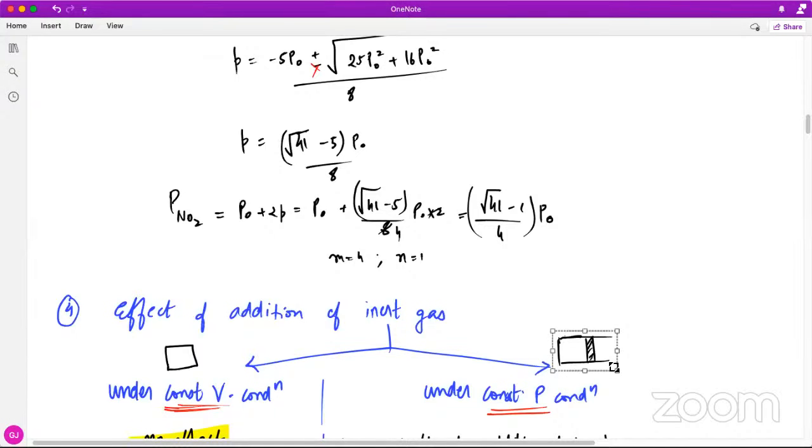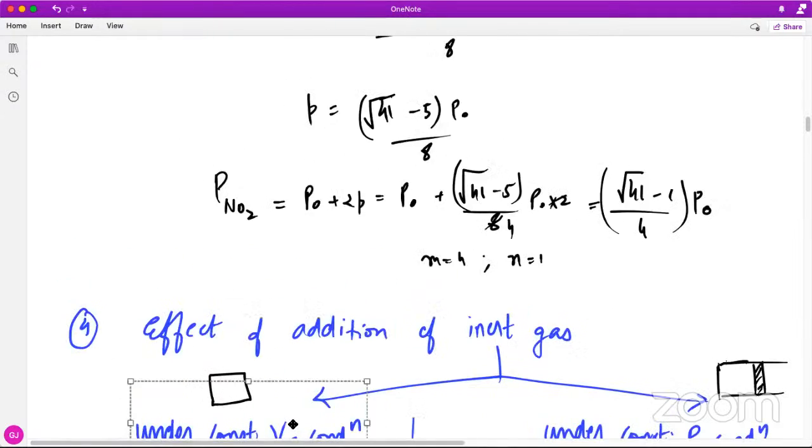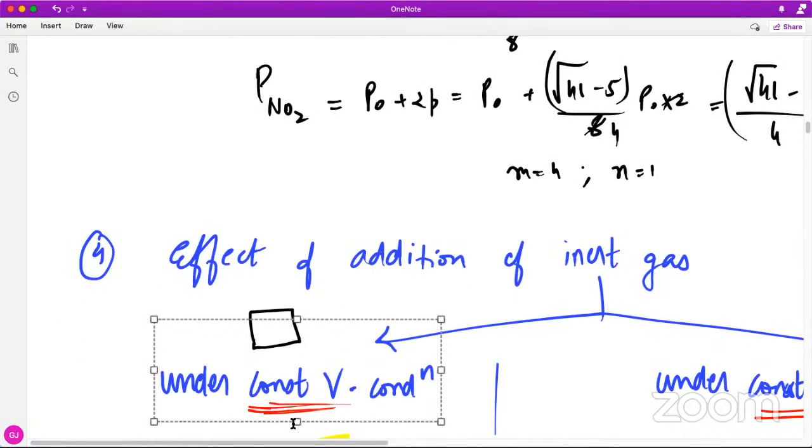Let's observe one by one. First, let's talk about the left hand side. What will happen if I add inert gas under constant volume conditions?